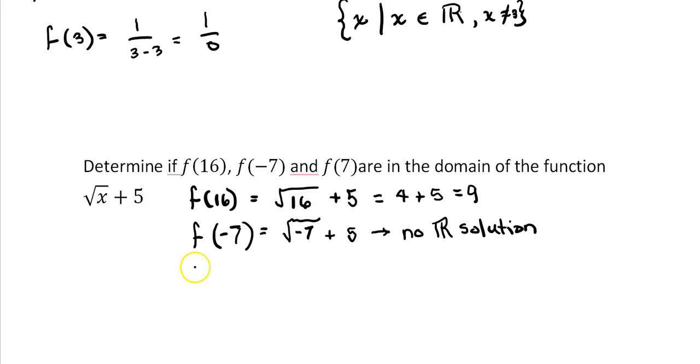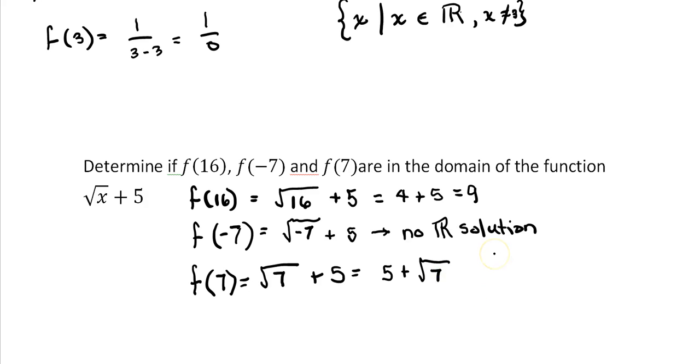Now, I want to point out here, if I have f of 7, I have the square root of 7 plus 5. That's actually allowed. Now, normally we would have our 5 come first, so 5 plus the square root of 7.